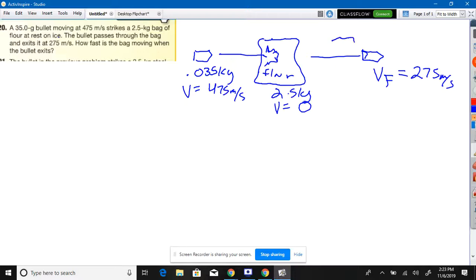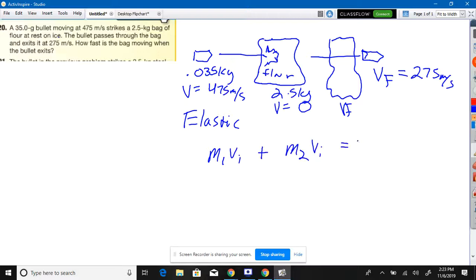The bag's going to move also. So we need to find the final velocity of the bag. So that would be an elastic collision. Mass of 1, initial velocity, plus the mass of 2, initial velocity, equals the mass of 1, final velocity, plus the mass of 2, final velocity. Okay? All righty.